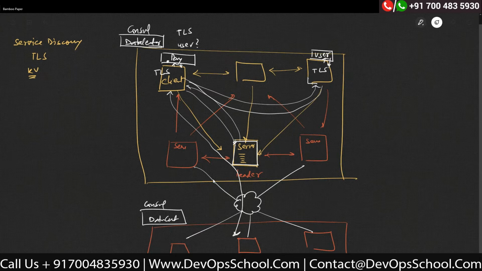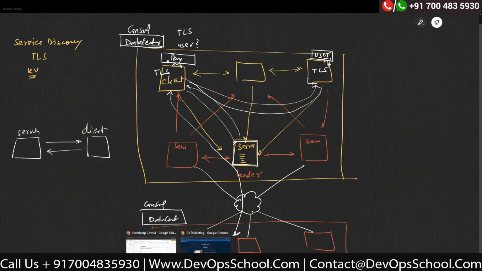Okay, so how do we install it? We only have about 14 minutes to do this. As you can see, there are many servers involved here. So what I'm going to do is set up one server and one client, install Consul there, and we will see how this communication can happen.